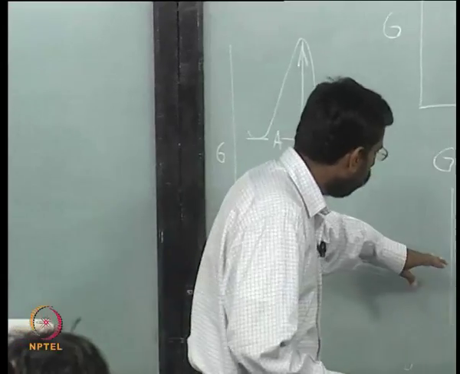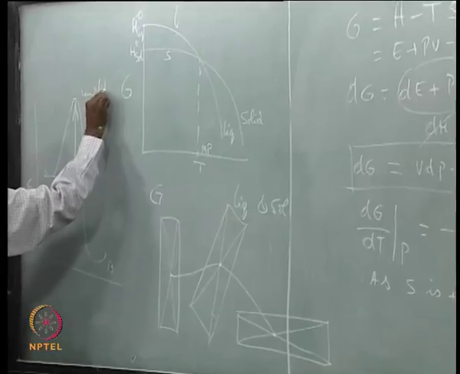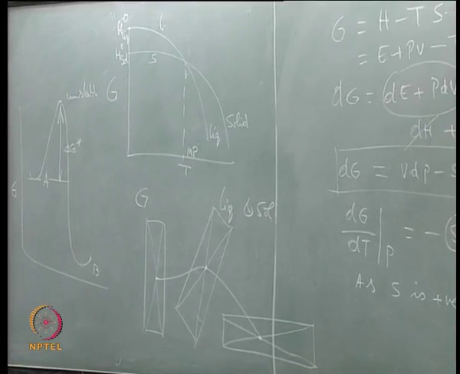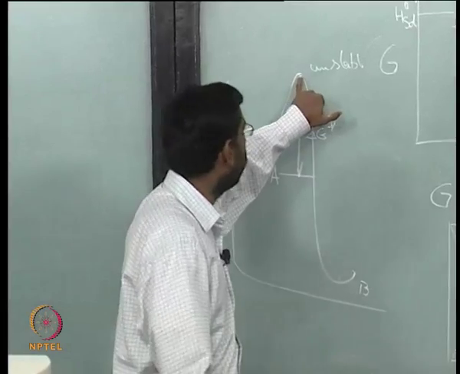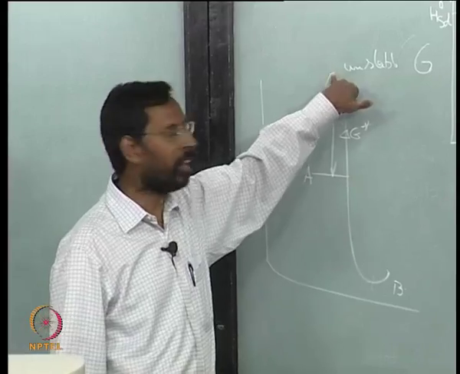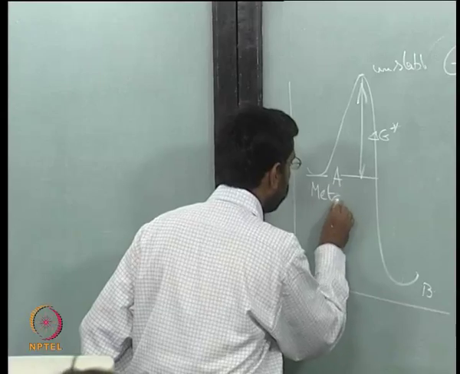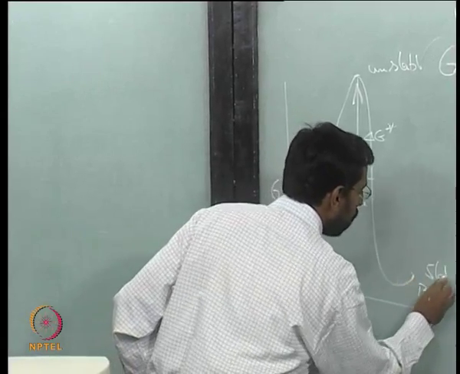This particular state is what we call the unstable state, because if you keep it in this state, it will not remain; suddenly it falls off either in this direction or that direction. That is the interesting thing about an unstable state: either it comes to a metastable state, this is the metastable state, or this is the stable state.